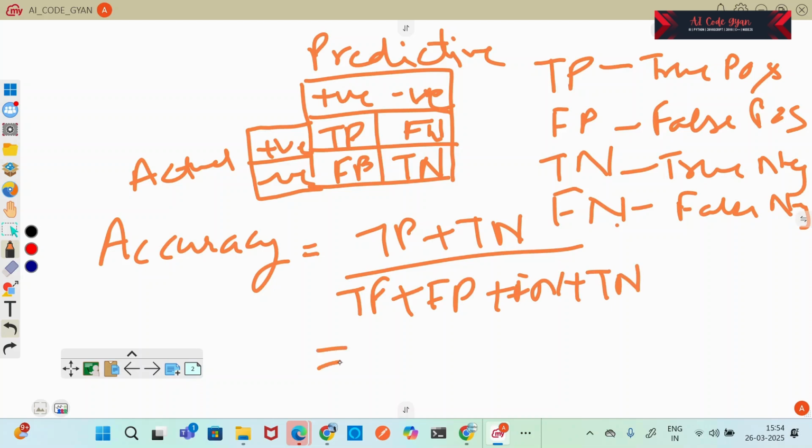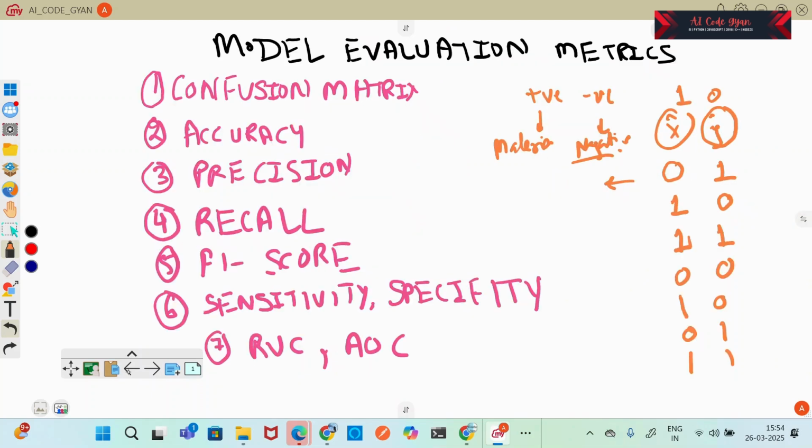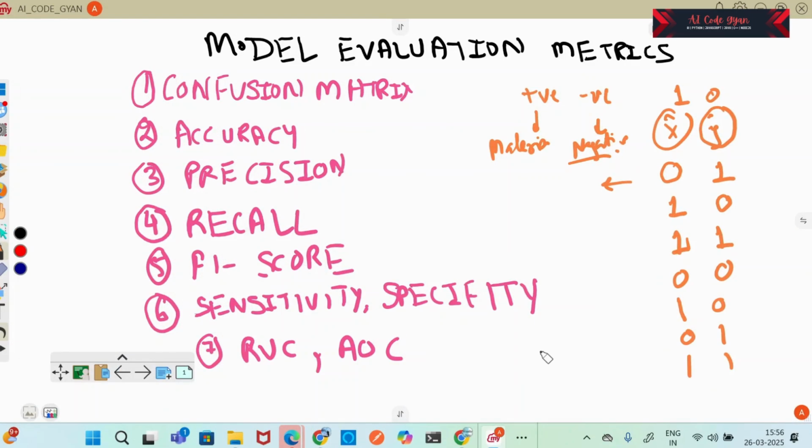Now let us calculate this on the previous data set. Let us go through the data set to calculate the accuracy. This is false negative, this is false positive, this is true positive, this is true negative, this is false negative, false positive, this is false negative, and this is true positive.